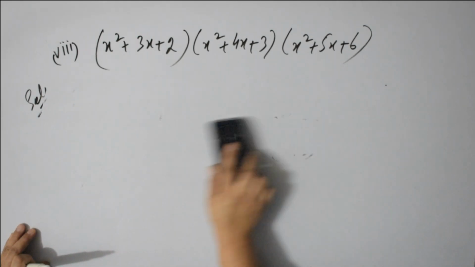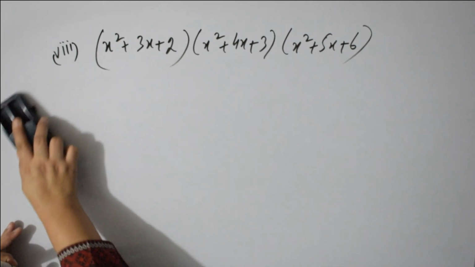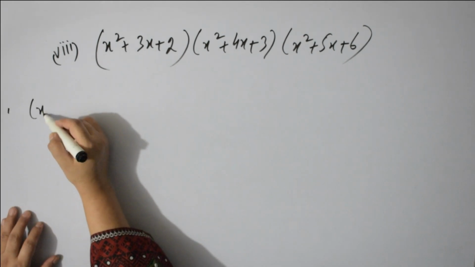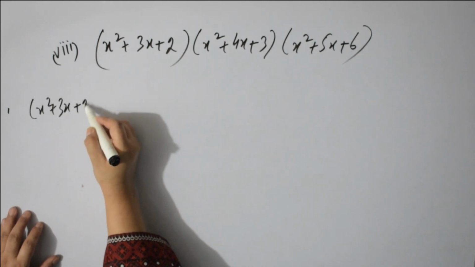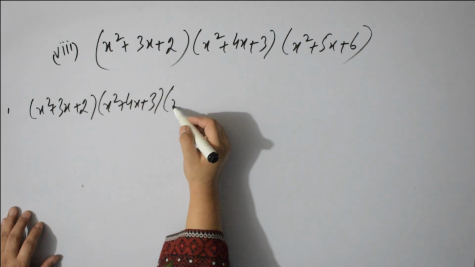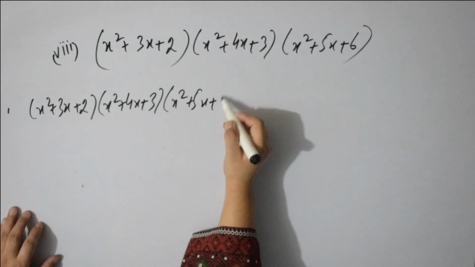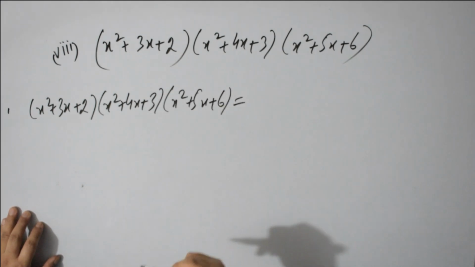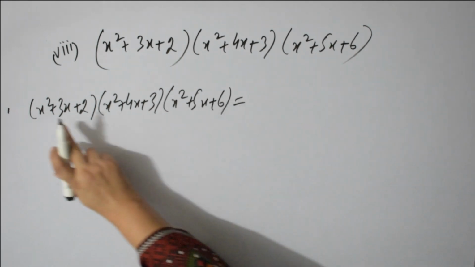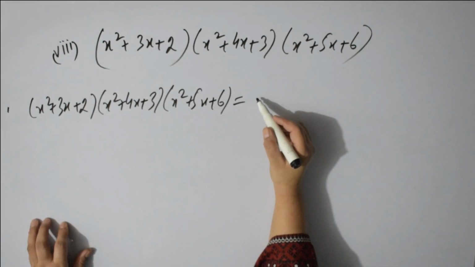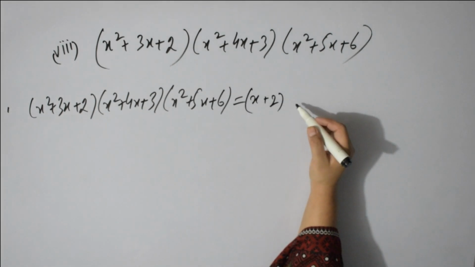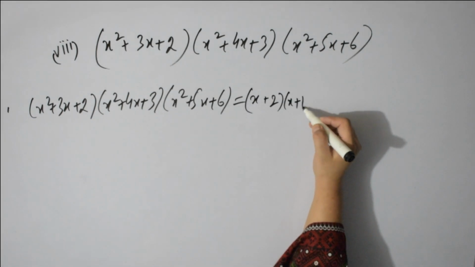Now next, what I am going to do is write this question again. Now write their factors. The factors of the first expression were x plus 2 into x plus 1.